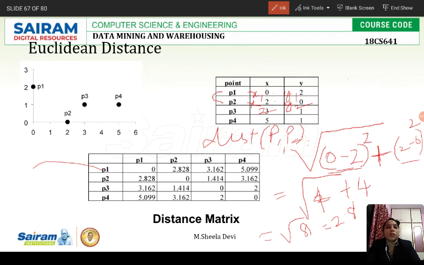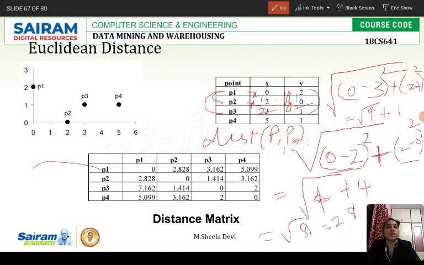If I want to calculate the distance between P1 and P3, what do I have to put? x1 minus x3, that is 0 minus 3, and 2 minus 1, plus square root. This is the Euclidean distance formula for P1 comma P3. So 3 square is 9 and 2 minus 1 is 1, so 1 square is 1.